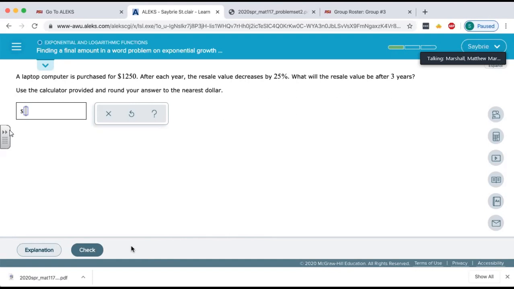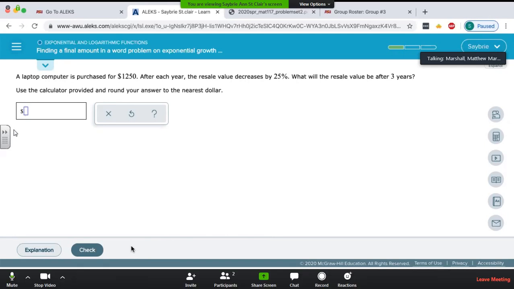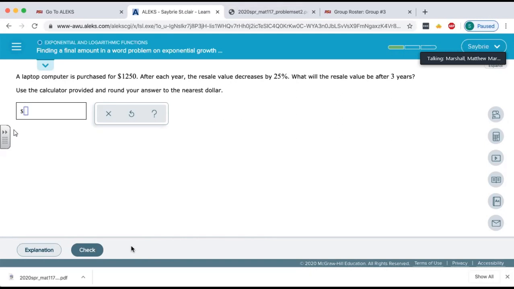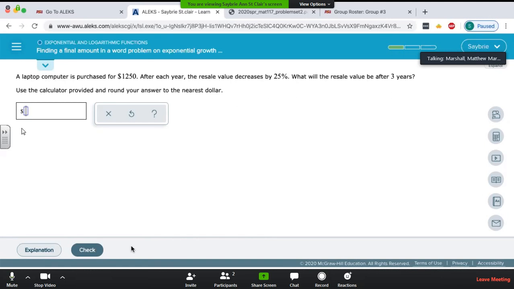Okay, 1250, each year decreases by 25%. What is the resale value after 3 years? So take 1250 times, decreasing by 0.25. So if you have 1, which is 100%, going down by 0.25, that would be 0.75 as my percent, to the third power. Let's try that. Let's take a picture of that.